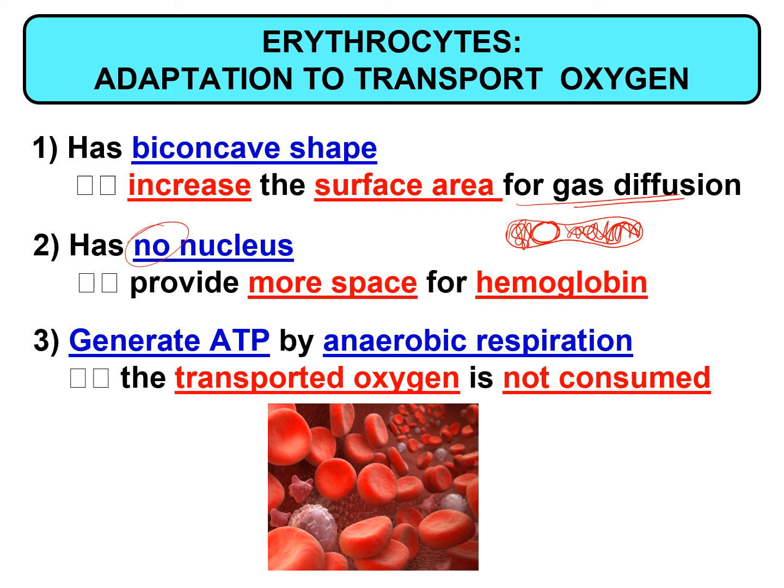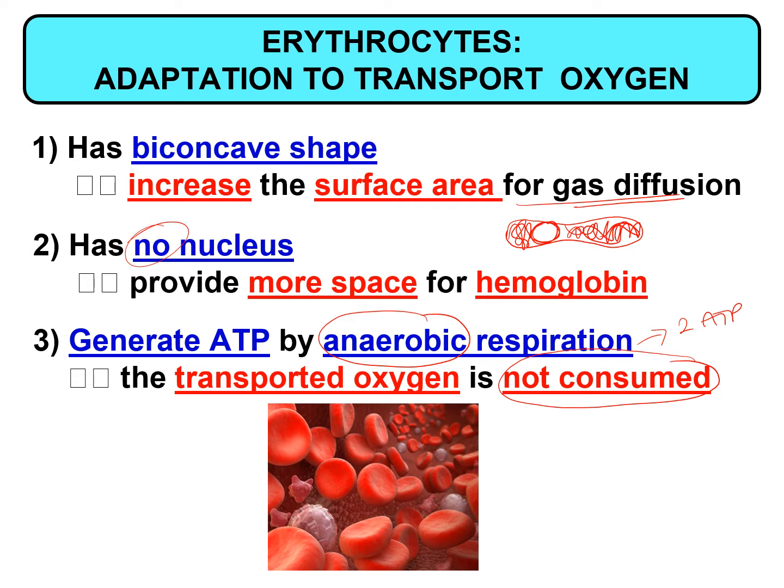Then erythrocyte has the ability to generate ATP by anaerobic respiration. Okay, why is this good? Because anaerobic respiration only produces 2 ATPs, right? But how does this ability give benefits? The benefit is that erythrocyte will not consume the oxygen that they transport for their own use.